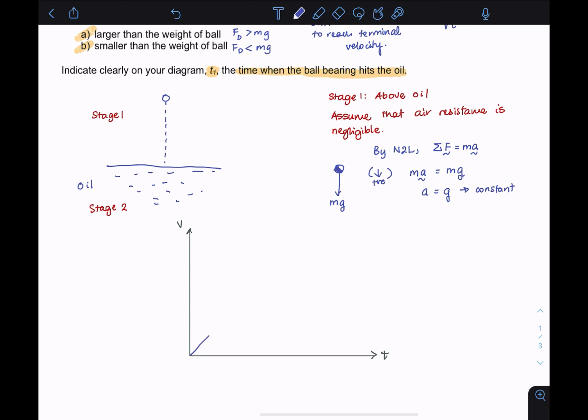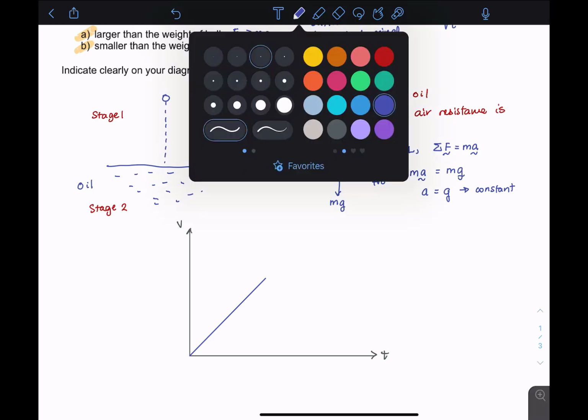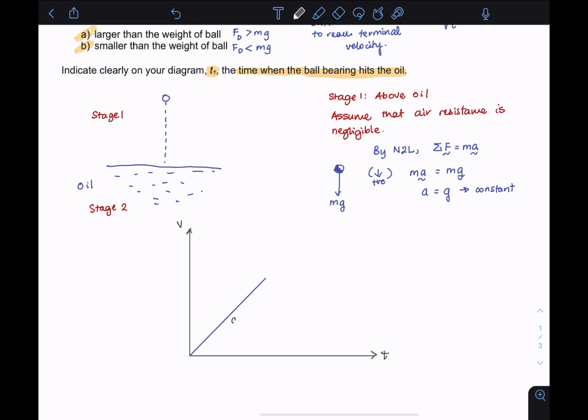It starts from rest, and therefore I will have a straight line graph where the acceleration, which is the gradient, is equal to g. And I'm going to label this t1, and of course this is 0. So this is stage 1 when the ball is just above the oil.